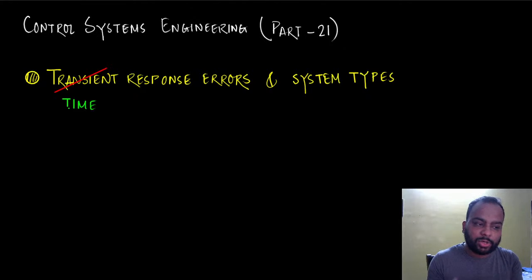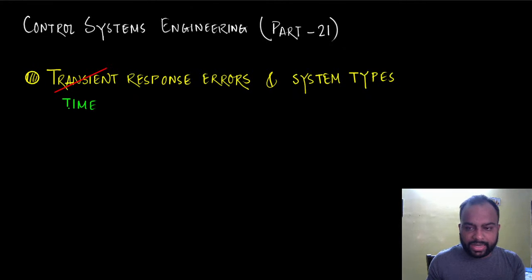When I say transient response, I also include the steady state responses as well. So essentially we are talking about time response, and here we are talking about time response errors and system types.